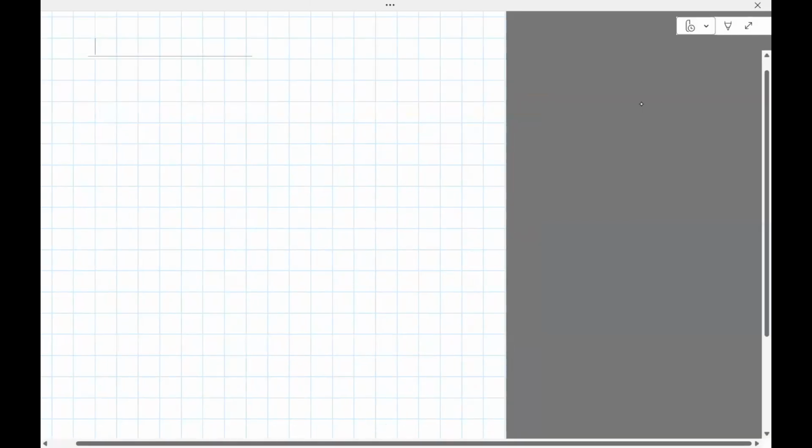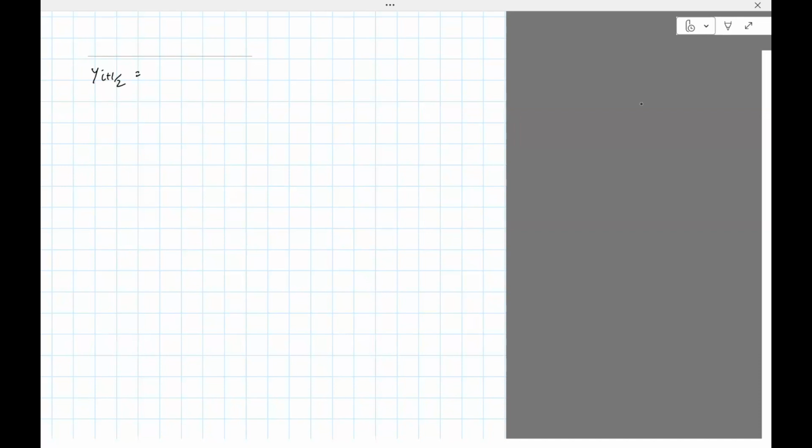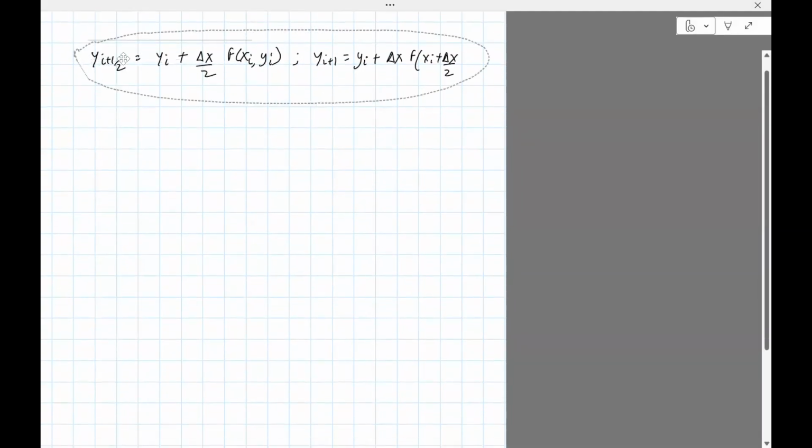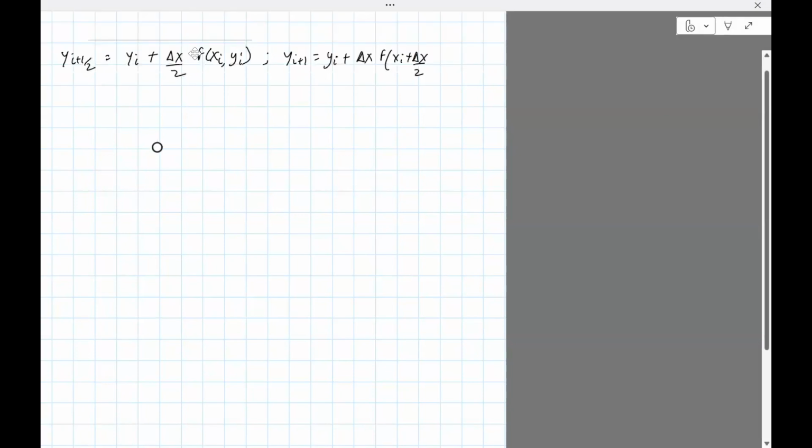So the formula for modified Euler is yi plus half equals yi plus delta x divided by 2 f of xi yi, and the second formula is yi plus 1 equals yi plus delta x f of xi plus delta x divided by 2, yi plus half.